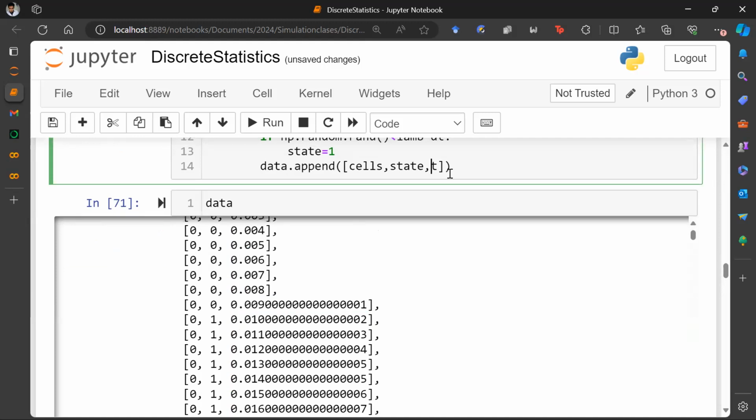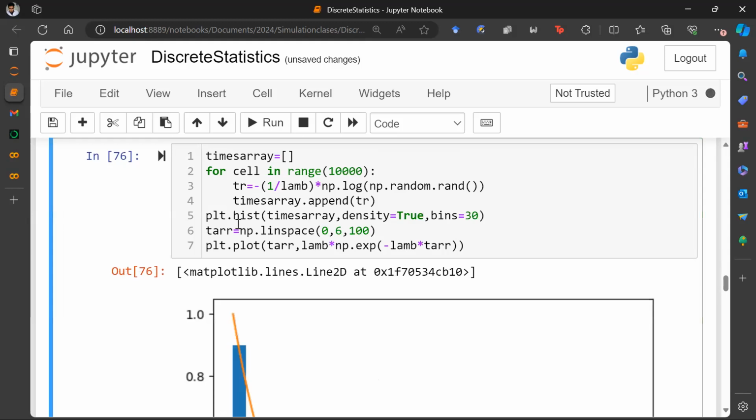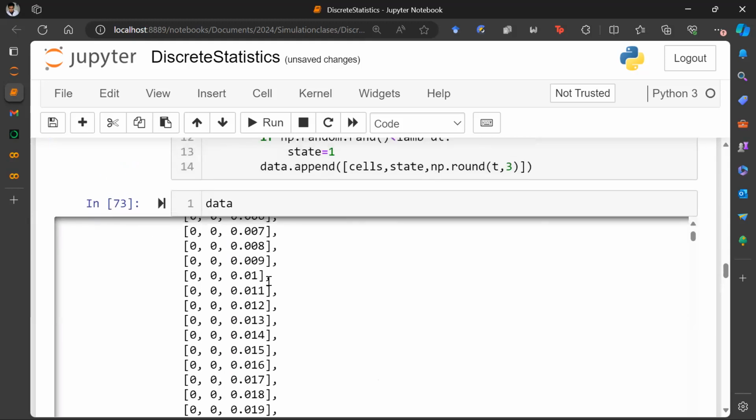So instead of t, we're going to export numpy.round. That is a function that rounds your number with a given number of decimals. In this case, we're going to use 3 decimal digits. And now it makes more sense.